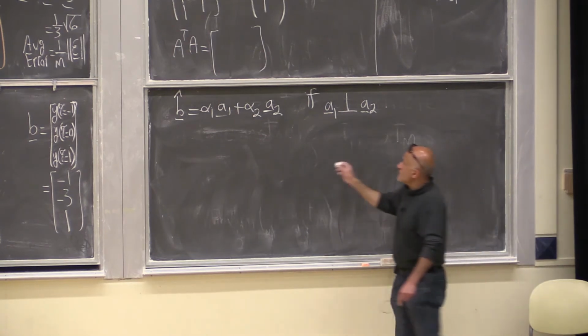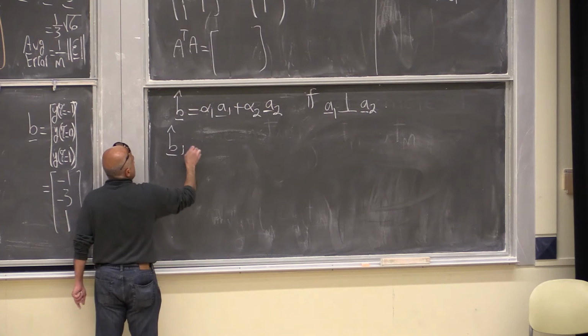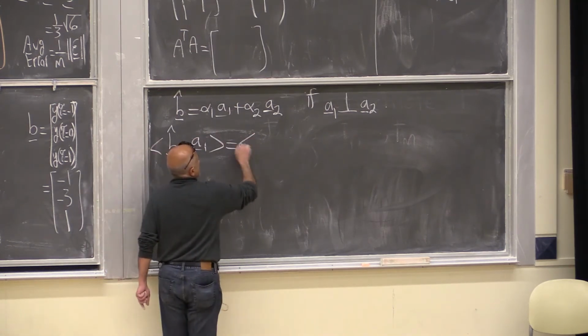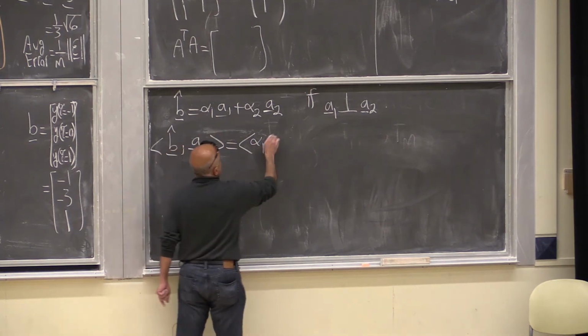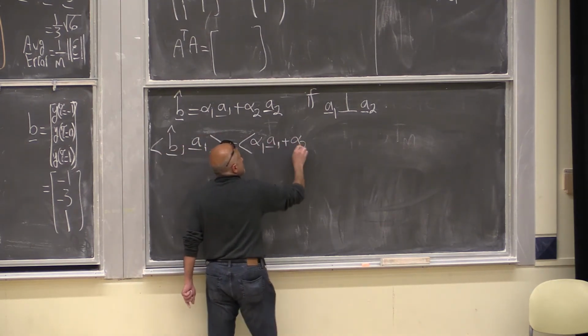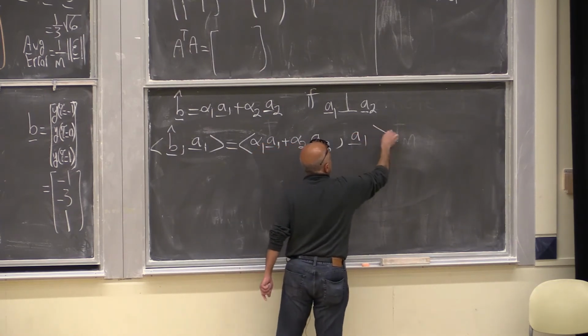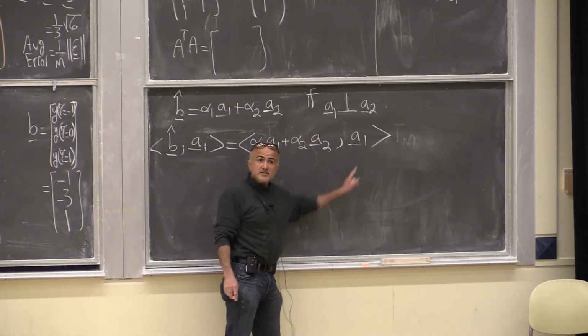And the way that works is that to find alpha 1, I simply project B onto A1. So this is B hat, this is alpha 1 A1 plus alpha 2 A2, comma, A1. And based on what you know about inner products, how can you expand the right-hand side?